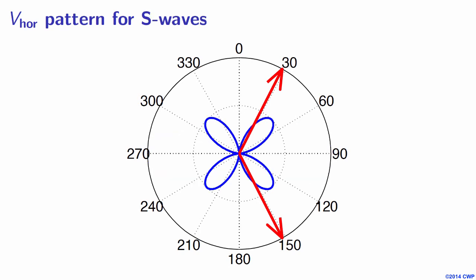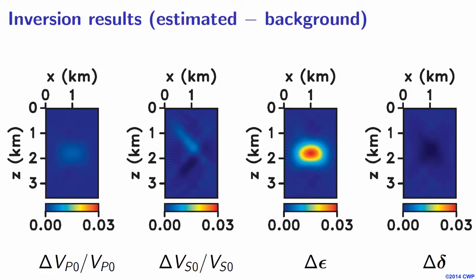And the S waves are scattered. Most of the scattered S wave energy is also recorded by the receivers for this configuration. And that's what we see here. So because V horizontal is updated by the inversion algorithm, we see an update in epsilon. None of the other parameters are updated, and we got a good result.